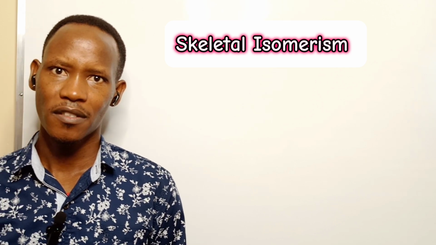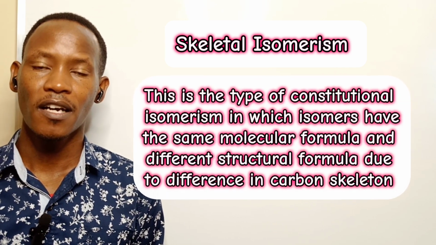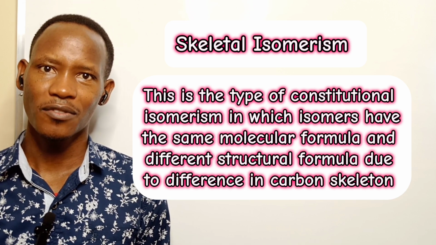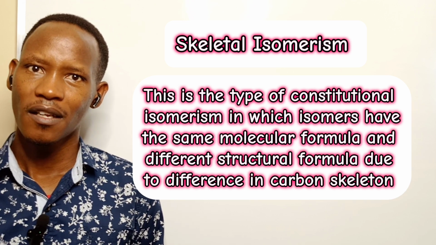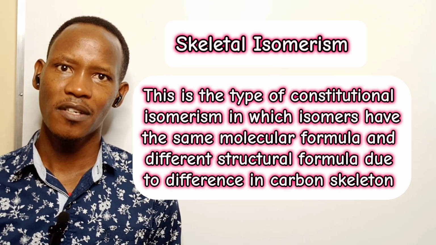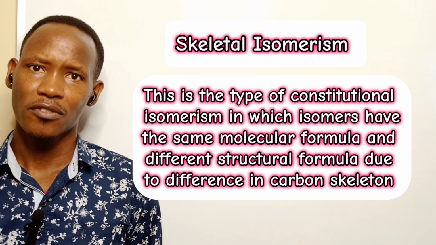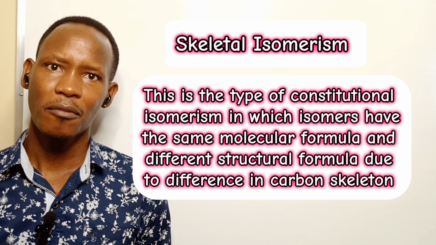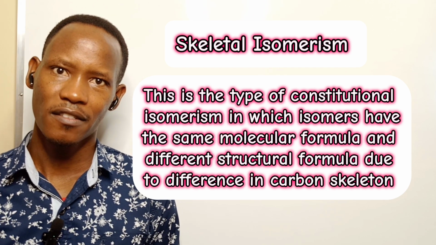By definition, skeletal isomerism is defined as the type or class of constitutional isomerism in which isomers have the same molecular formula and different structure formula due to difference in carbon-to-carbon chains.